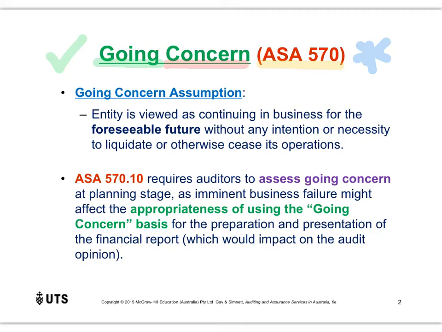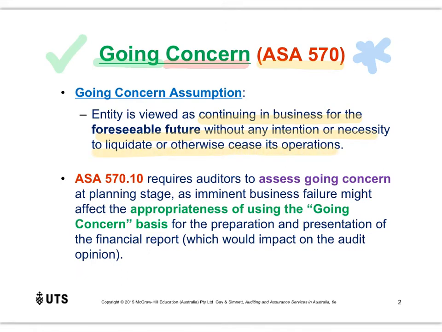Okay, so the technical definition, I'm just taking it to the next step now. The technical definition of going concern is this view that the entity will continue operating in business for the foreseeable future without any intention or necessity to liquidate or otherwise cease its operations.